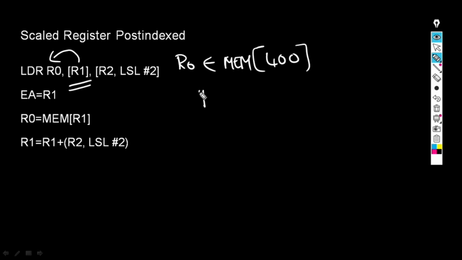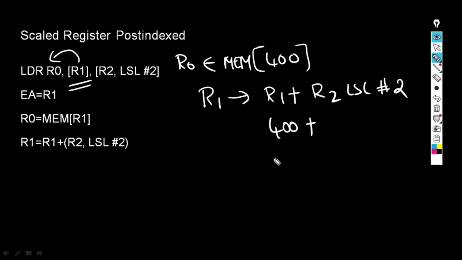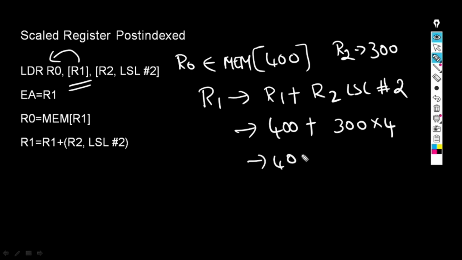R1 is updated by adding R2 LSL #2. If R2 is 300, then when a logical shift left is performed, 300 is multiplied by 4, which is 1200. 400 plus 1200, so 1600 is the new updated value of R1.